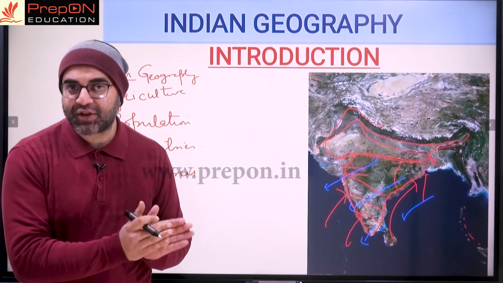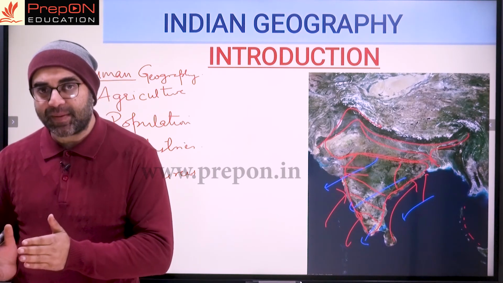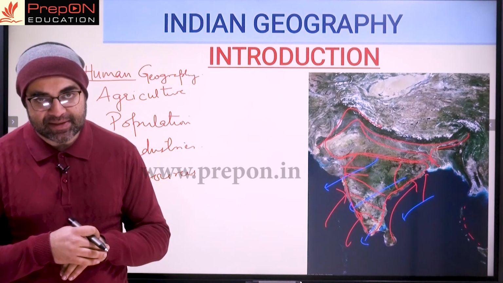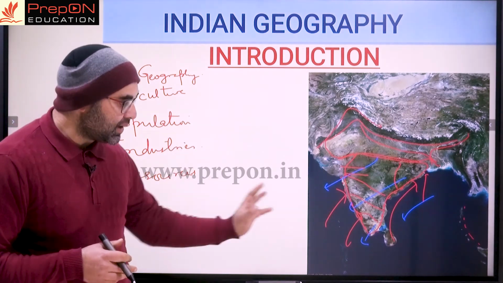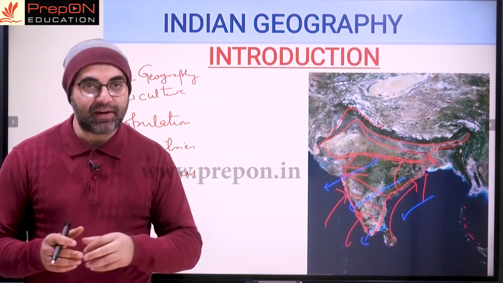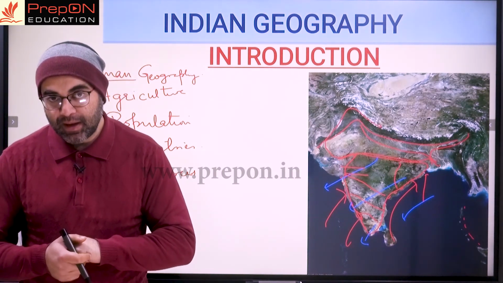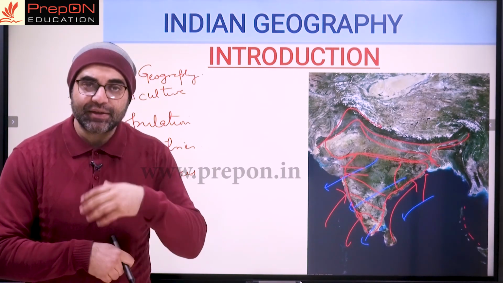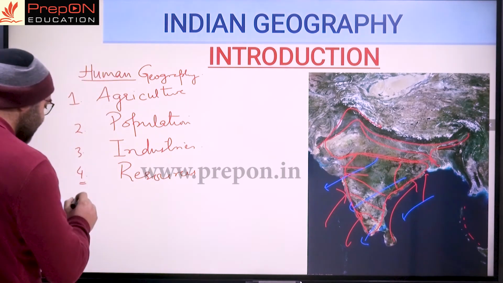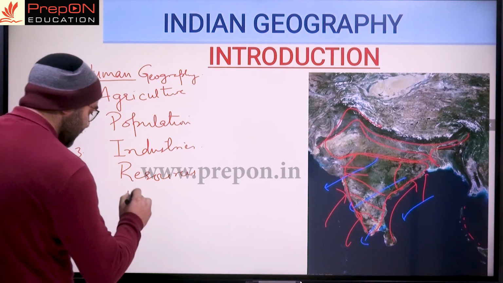So along with the factual information, the current aspect, the environmental impact of mining will also be discussed. So this would be a broad idea about Indian geography and the aspects related to human geography also. And apart from that, let's also have some discussions, I'll keep it a miscellaneous topic towards the end.